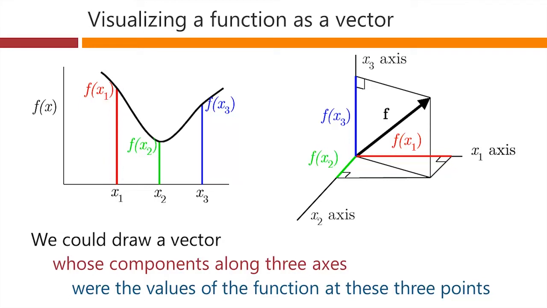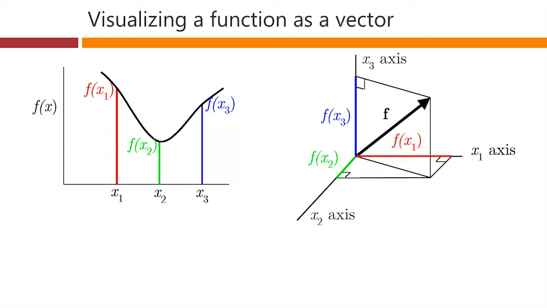So we've basically taken these three heights here and used them as the projections, these different projections f of x1, f of x2, f of x3, to make up this geometrical vector. When we've done this, we realize that if we want, we can think of this function as a vector in some space. As long as we only were using three numbers, of course, we can visualize this as a three-dimensional space.